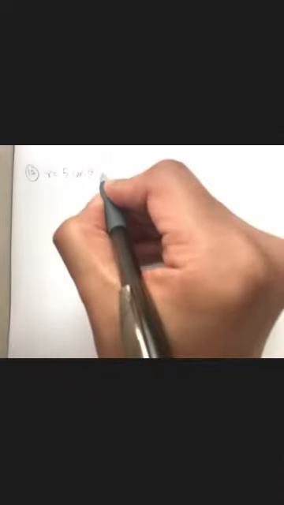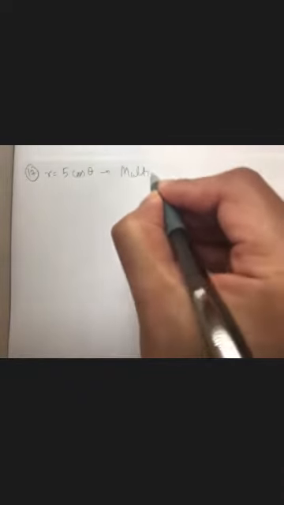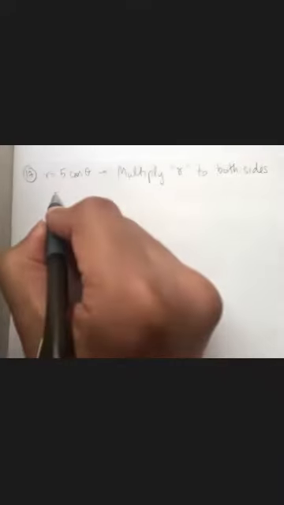So the first step is multiply r to both sides.